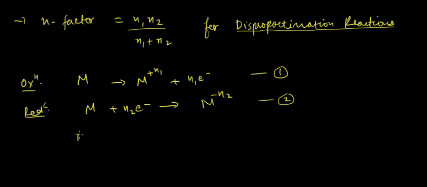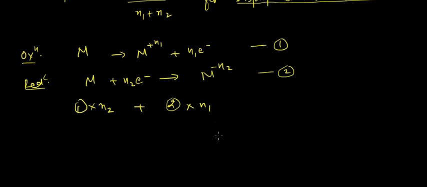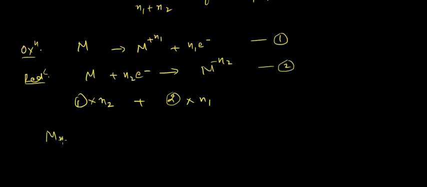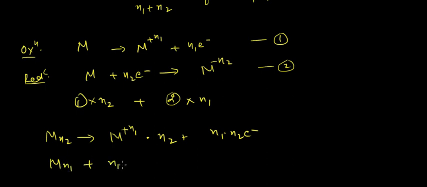If we multiply the first reaction with N2 and add it with the second reaction multiplied with N1, we will get M times N2 gives M plus N1 multiplied with N2 plus N1 into N2 electrons. Similarly, M times N1 plus N1 times N2 electrons gives M minus N2 multiplied with N1.